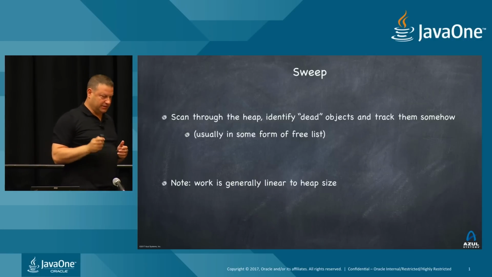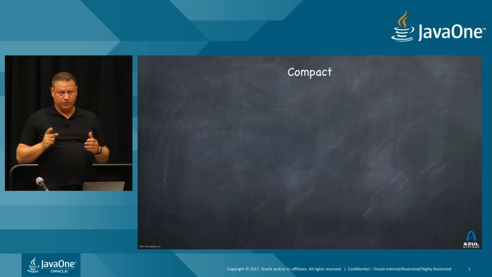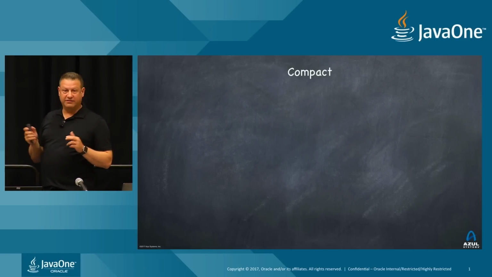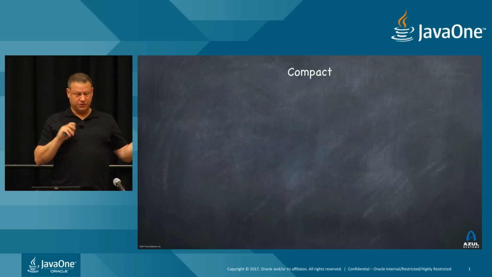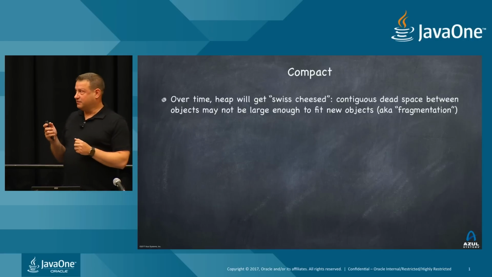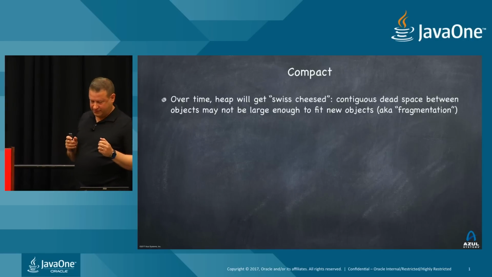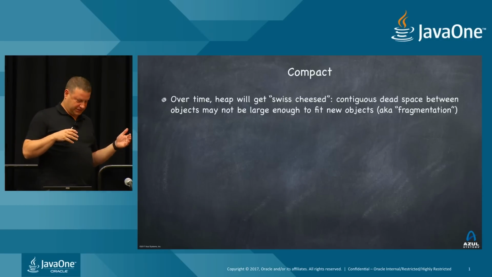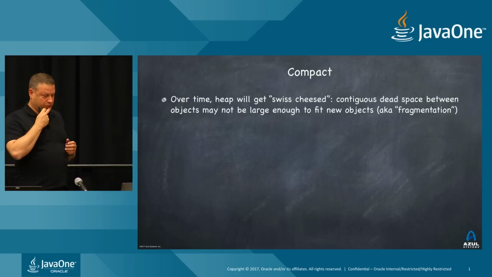Not significantly, at least. Okay, so once we've marked and swept, and we know where all the dead stuff is, we have compact. This is a simple mark sweep compact algorithm. Let's start with why do we need to compact? People often argue about this, but I think the arguments were settled probably 20 years ago or more.